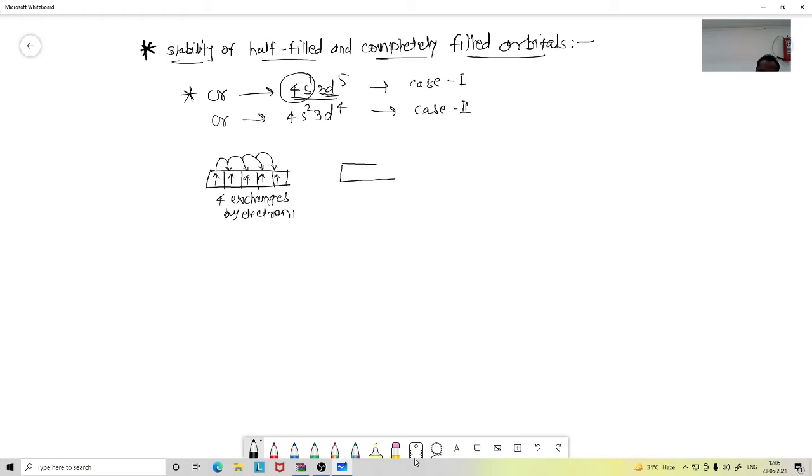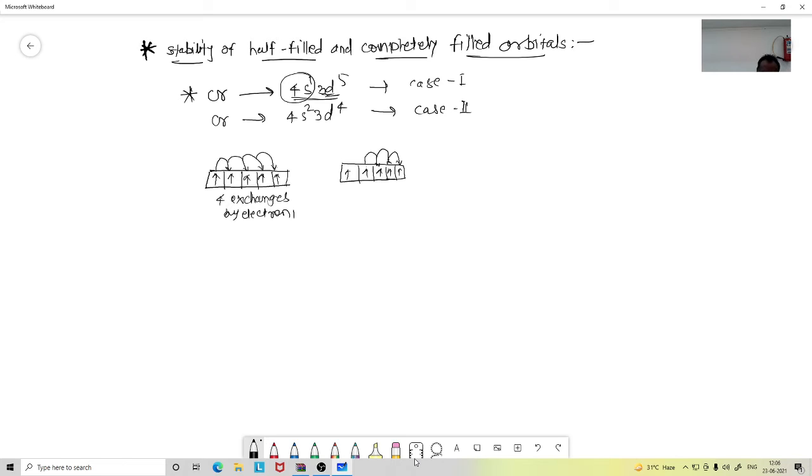Likewise, 3 exchanges are possible by electron number 2. 1, 2, 3, 4 and 5. Electron number 2 can have 3 exchanges possible.